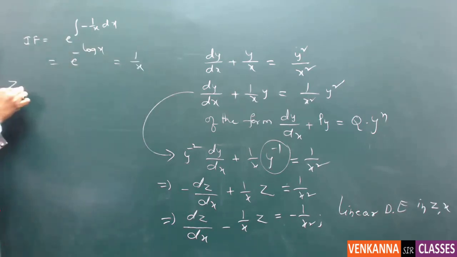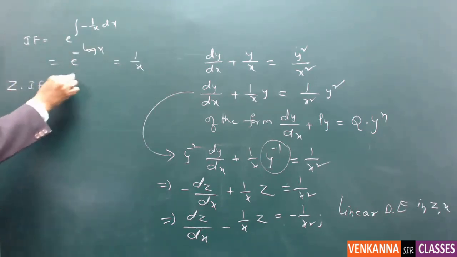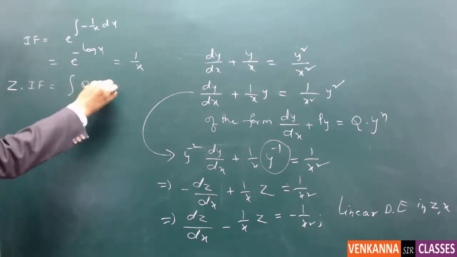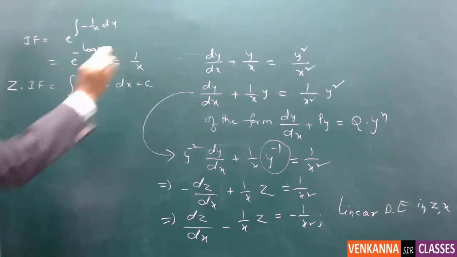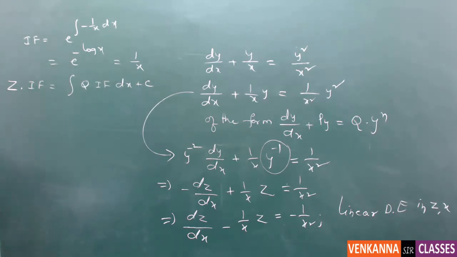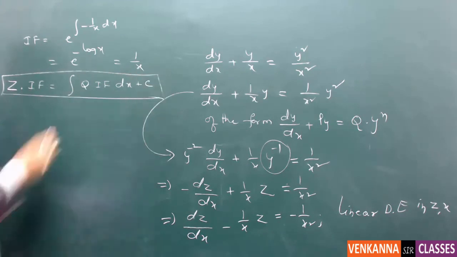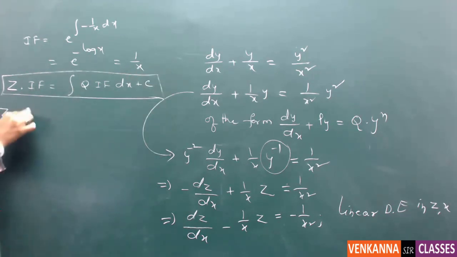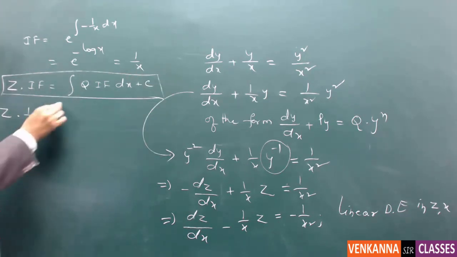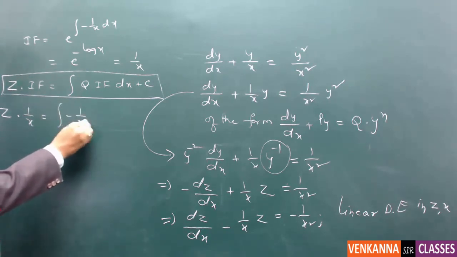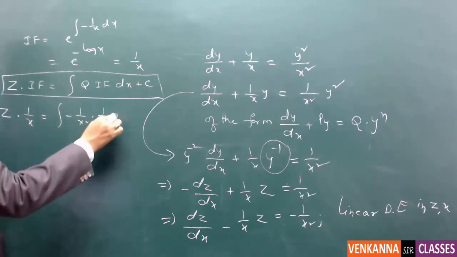And z into the integrating factor equals integral of q into the integrating factor dx plus c. This is the general solution. So z into 1 by x equals integral of minus 1 by x square into 1 by x dx plus c.